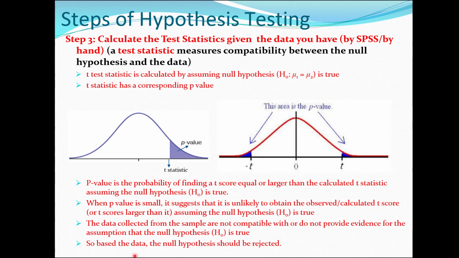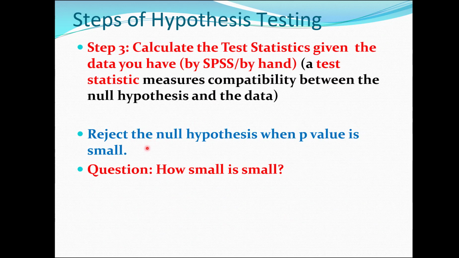So, based on the data, the null hypothesis should be rejected. Again, you're going to reject your null hypothesis when the p-value is small. Another question here: how small is small? To answer this question, we have to go back to our hypothesis testing step 2.